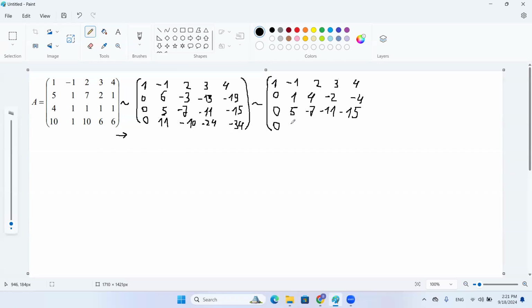For this row, we can multiply the second row by -1 and then add the fourth row, and I suggest to take this line, multiply by -2, and then subtract it from this. You will see something interesting.